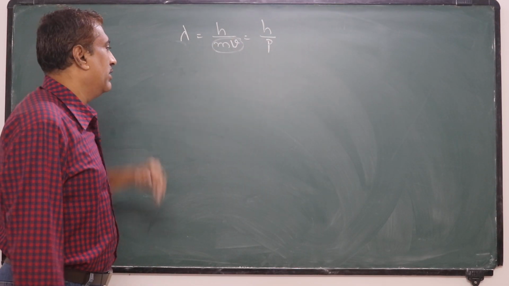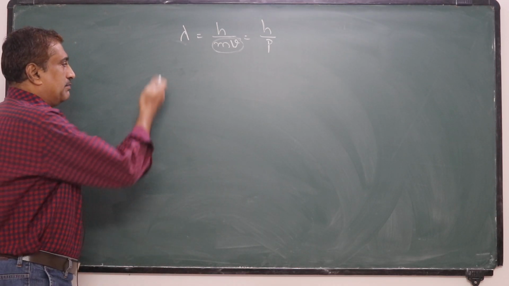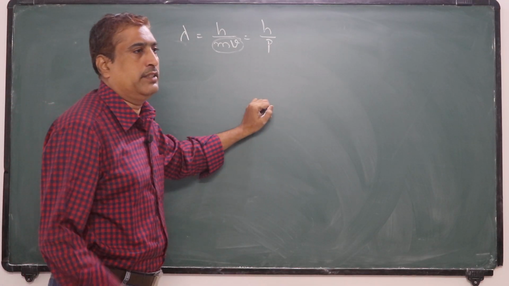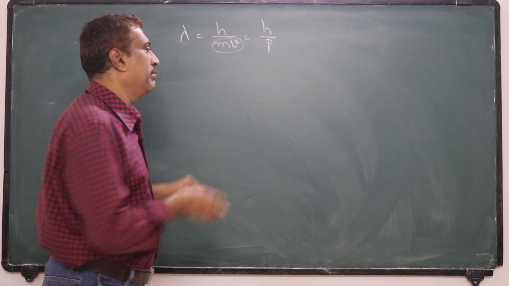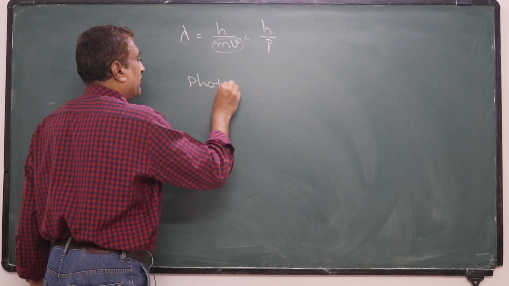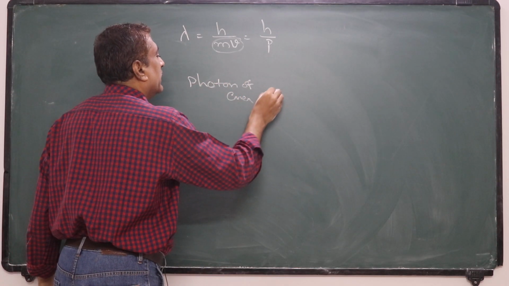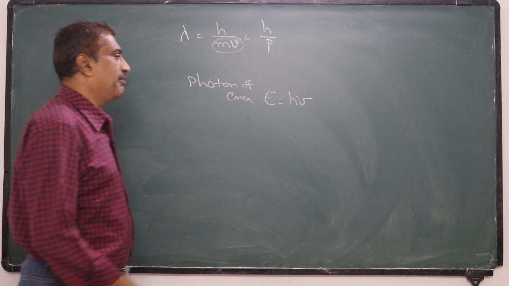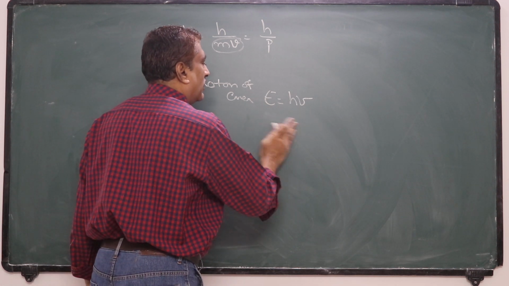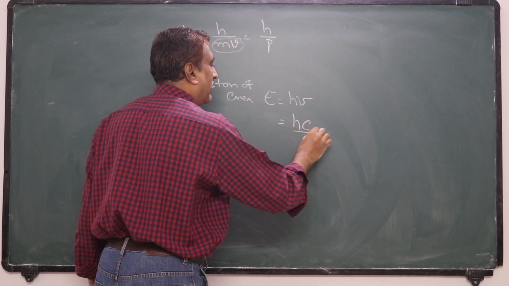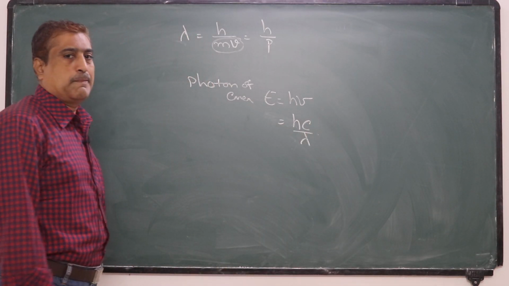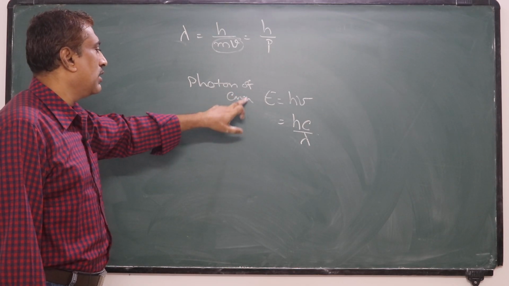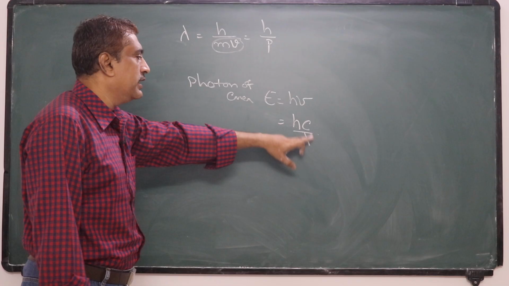How he derived it: first, assume a photon, that means radiation, of energy E equal to h nu, which is hc by lambda.